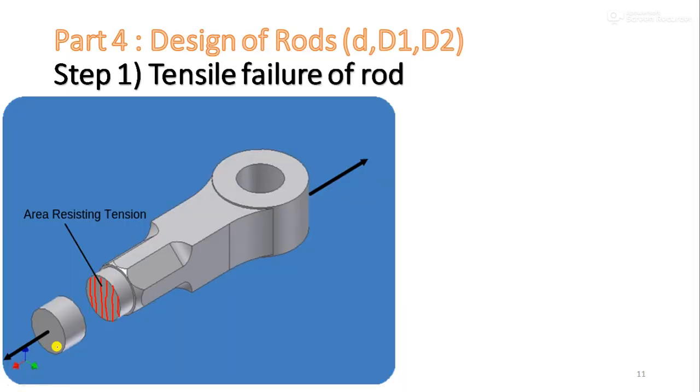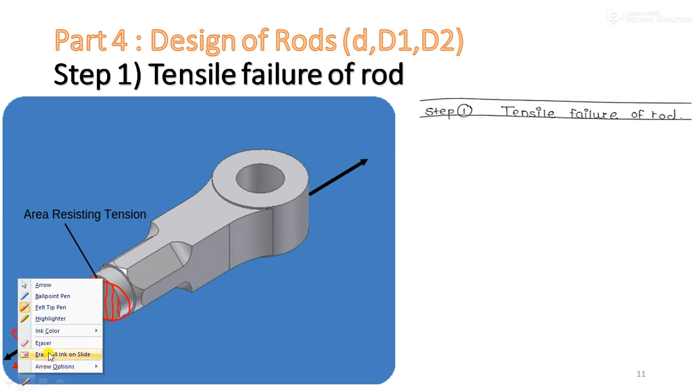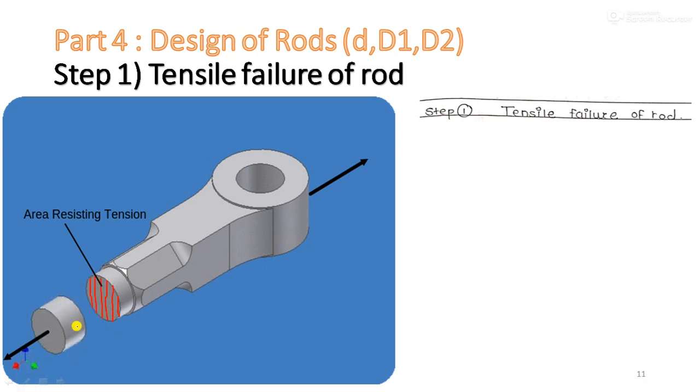In this picture it will be clear to all of you. You can see that because of this force P, which is a tensile load, this rod can break into two pieces due to the tension. This circular area which I have shown is nothing but the area resisting the tension, which is very important.